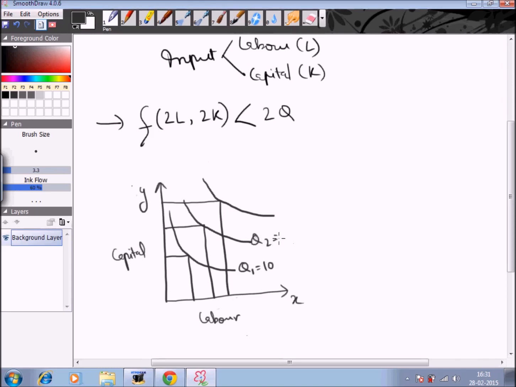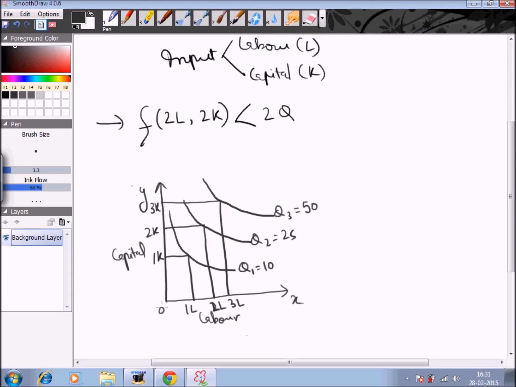This is 2 where 25 units, and this is 3 where I get, suppose, 50 units. 1L, 2L, 3L, and this is 1K, 2K and 3K.